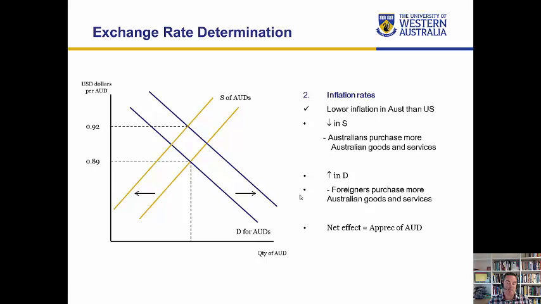You wouldn't expect inflation rates to significantly affect too many asset prices, although it could affect housing prices. That could be affected by inflation rates, so maybe lower inflation in Australia leads to lower growth in housing prices, perhaps, although it could work the other way. But that is the main reason behind lower inflation in the country causing an appreciation.